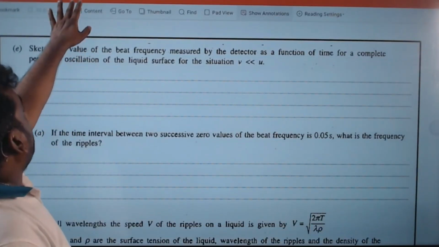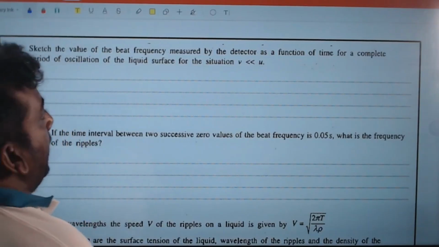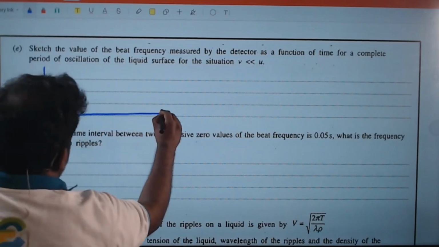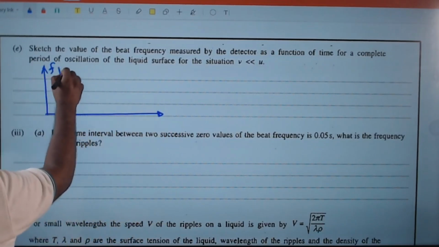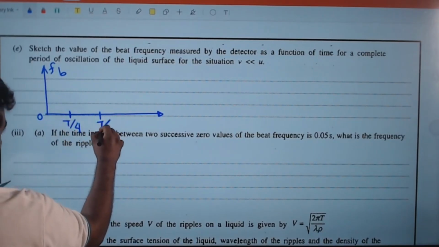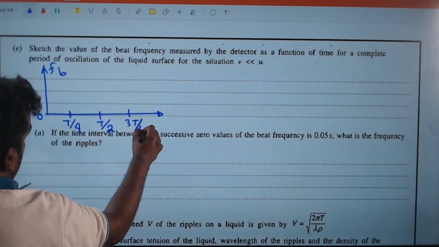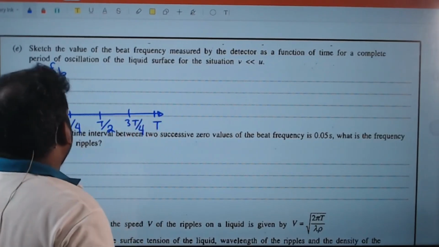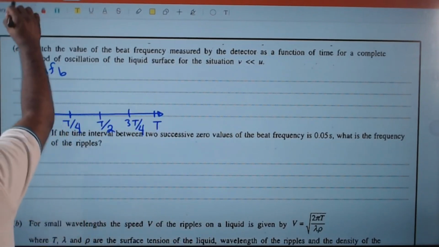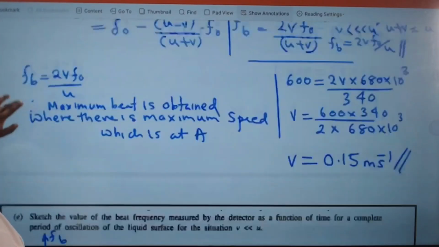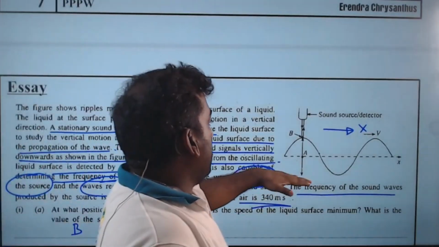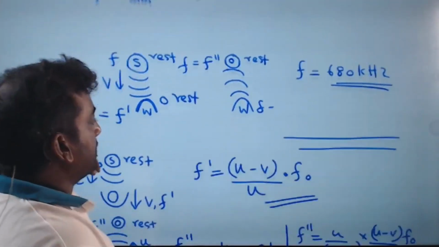Sketch the value of the beat frequency measured by the detector as a function of time for the complete period of oscillation. The beat will never become negative. The times are 0, T over 4, T over 2, 3T over 4 of the periodic time. So if you sketch the variation, where is it starting from? A to B, B to C: it goes up, comes down.